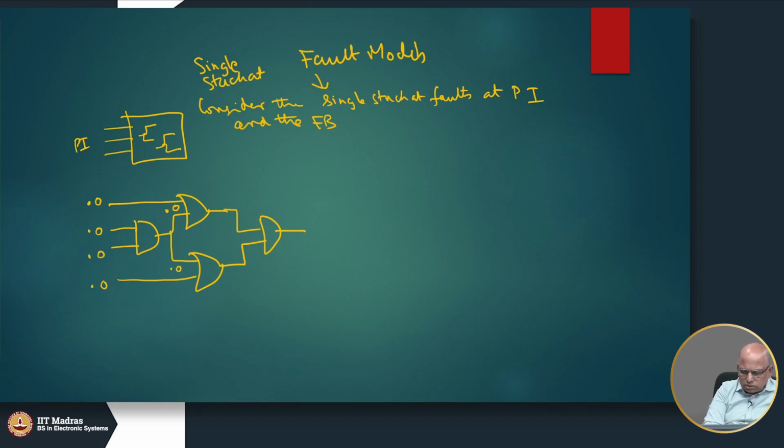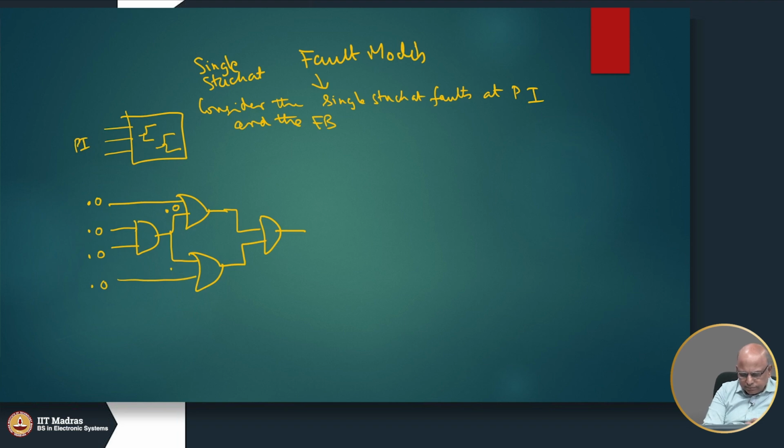The other faults are either equivalent or dominant and can be eliminated. And like I said earlier, some more equivalence can be observed. For example, the stuck-at 1 fault here and the stuck-at 1 fault here are the same, so I can eliminate that also.